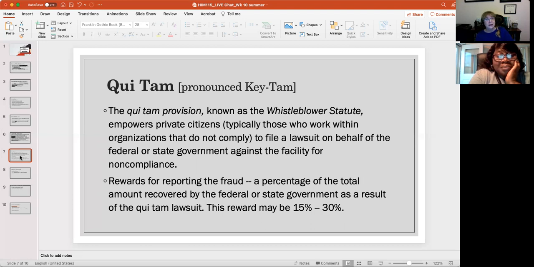But okay, 17 times 3 is 51. Oh, $51,000 you get for telling the truth, protecting your patients, for preventing people from stealing money.